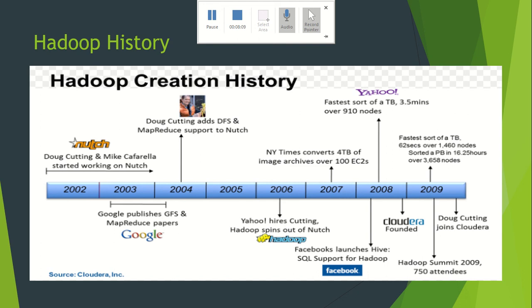In 2008-09, Cloudera came into the picture. Cloudera is a vendor, a company, and Doug Cutting joined Cloudera. The complete source code is available in the Apache Foundation, and that code was taken by Cloudera and modified, and they provide a very good GUI, a graphical user interface.